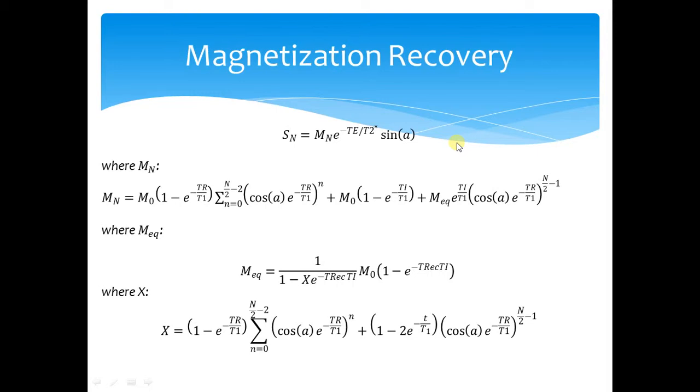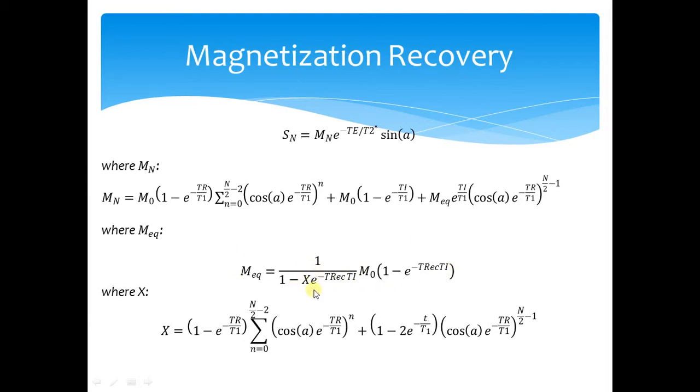In this part, I will formulate all the equations. SN stands for signal intensity, and n is the phase encoding step. MI could be written like that. In this equation, M equilibrium stands for magnetization equilibrium, and it can be written like that.